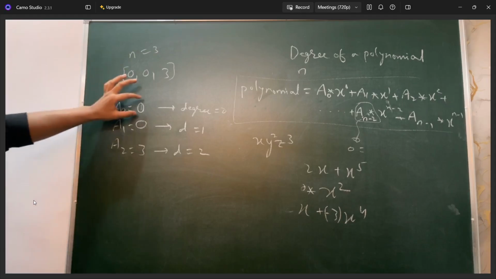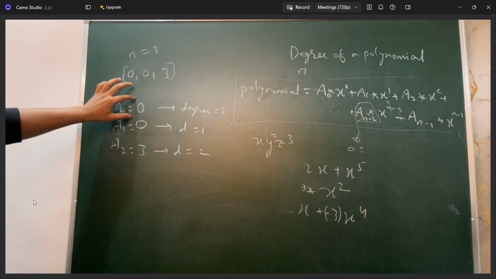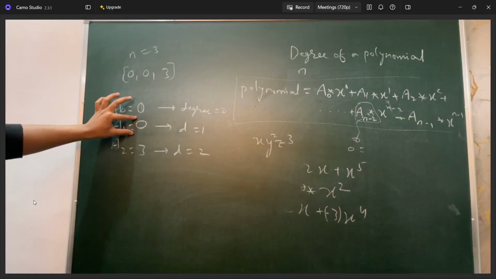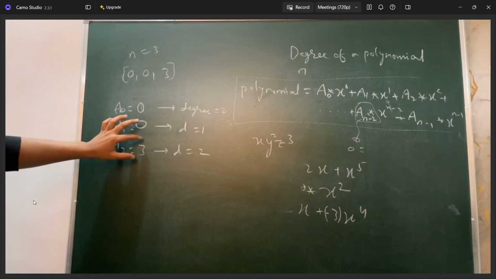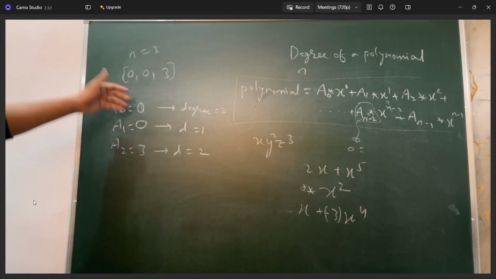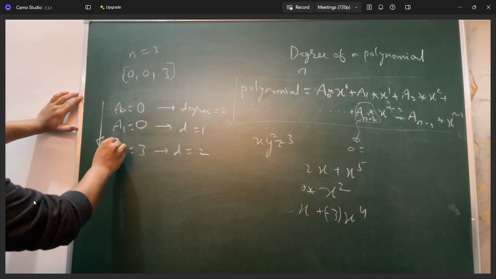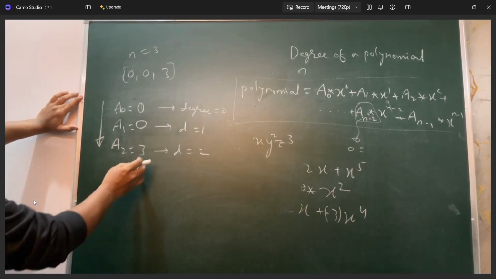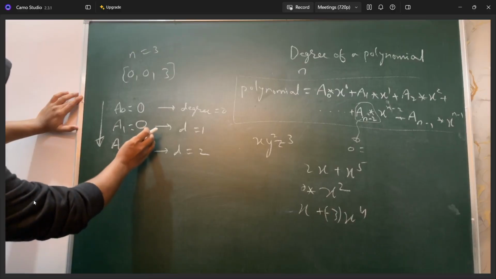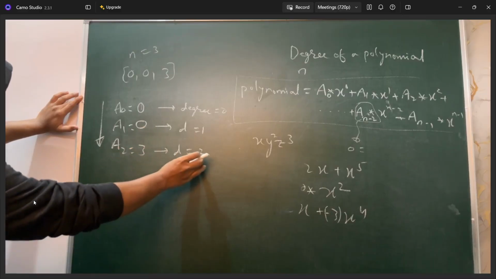When you see the coefficient is 0, your degree will not be updated because this term is not there in the polynomial. When you have a non-zero term, this term is there in the polynomial, and when we are moving from the least degree to the highest degree, whichever coefficient is non-zero will have the highest degree. So here degree is 2.